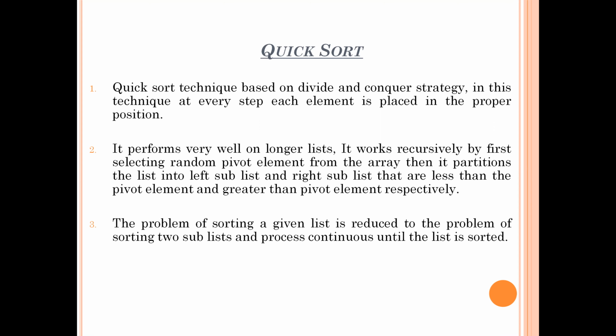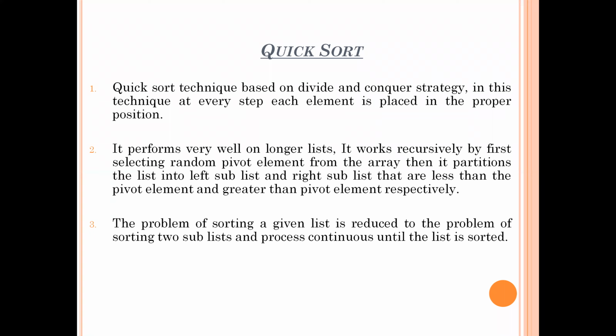For selecting the pivot there are many strategies. First, you can select the first element as the pivot. In some cases you take the median of the first, last and middle elements. So there are many selection strategies.